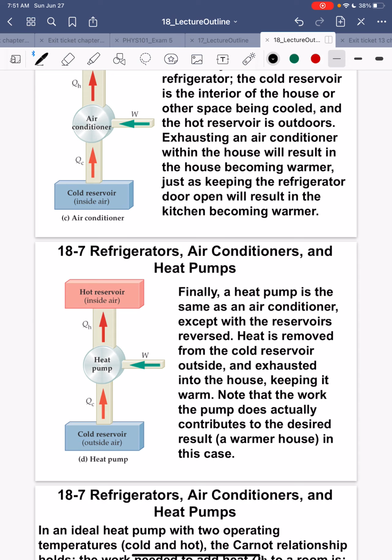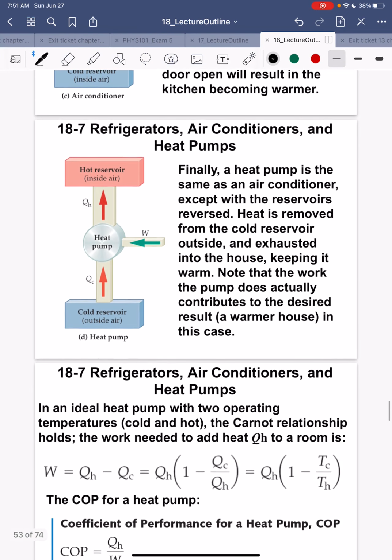Now, the heat pump is the same as the air conditioning, except with the reservoirs reversed. Heat is removed from the cold reservoir outside and exhausted into the house, keeping it warm. Note that the pump does actually contribute to the desired result, a warmer house in this case.